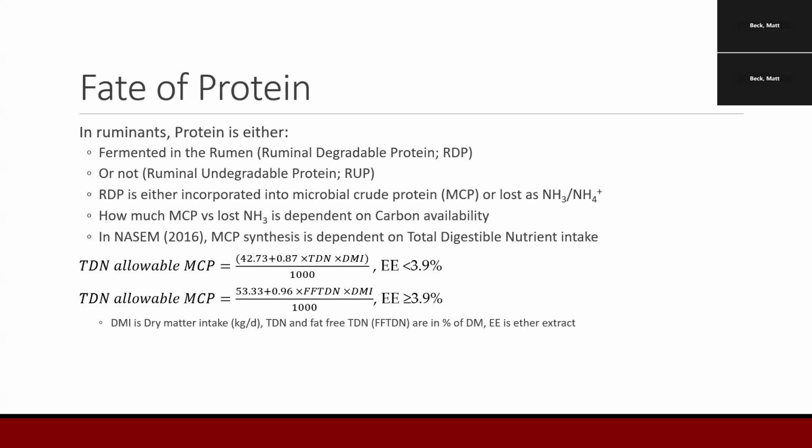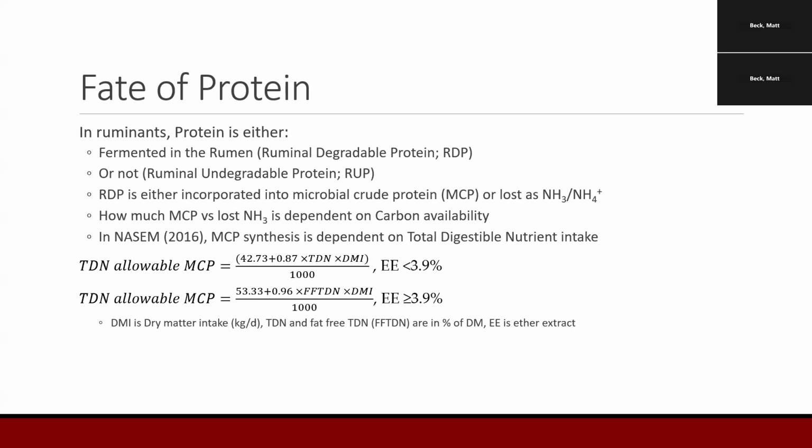All right. Crude protein. There are 2 real fates of nitrogen that's consumed by the animal. It's either digested and fermented in the rumen, and it's rumen degradable protein, or it's not, and it's rumen undegradable protein. Okay.